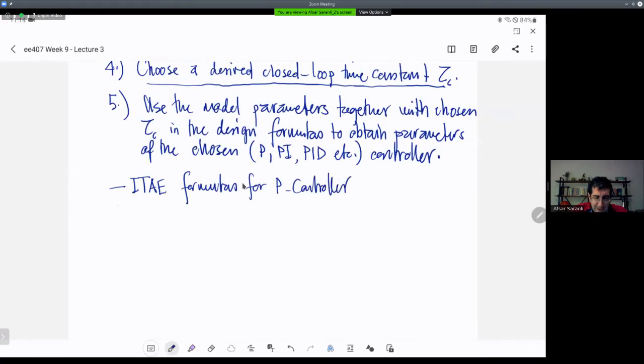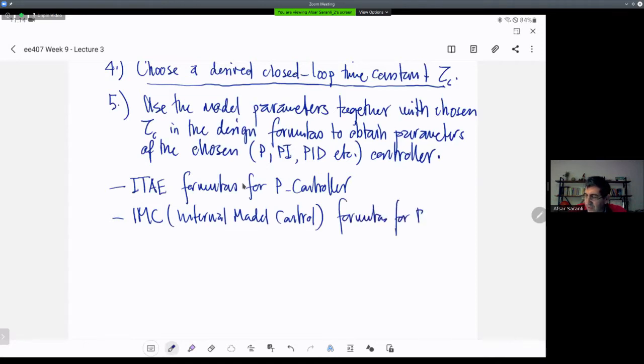And also we have internal model control, IMC, derived formulas for PI and PID controllers.